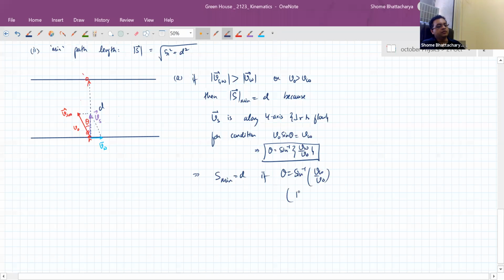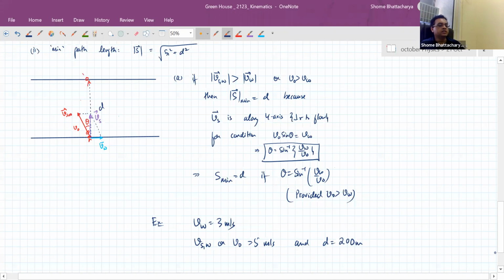But the condition for this is that his own swimming speed should be greater than the water speed, because otherwise this equation will not make sense. Sine theta cannot be greater than 1. For example, suppose the flow velocity of the water is 3 meters per second, and the swimmer's speed with respect to water, V0, is 5 meters per second. The width of the river is, let's say, 200 meters.